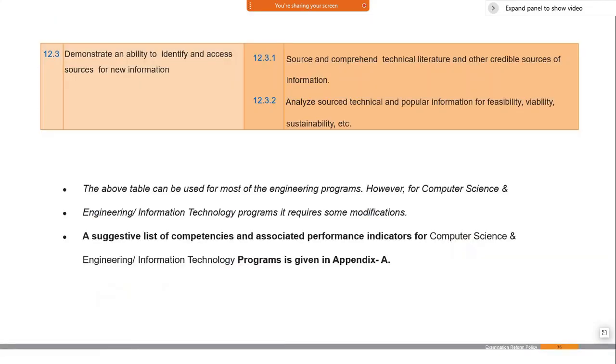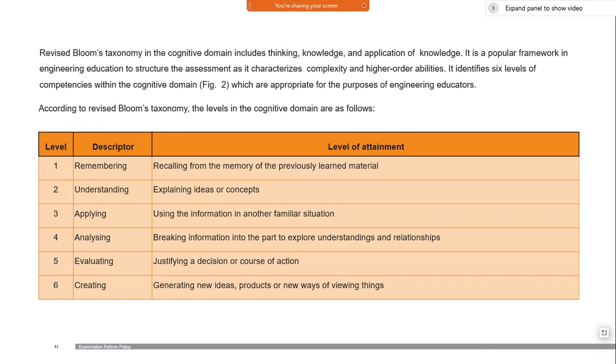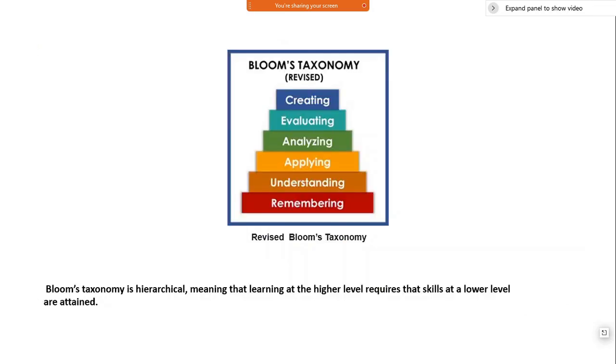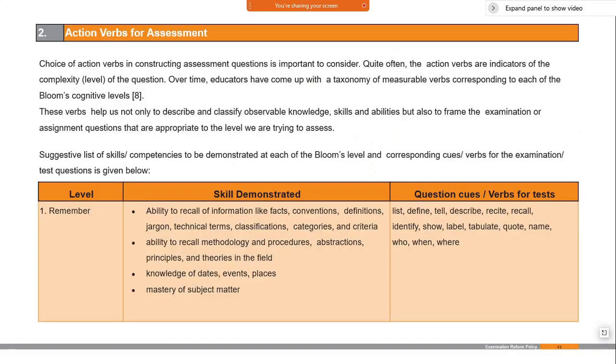So these are for all 12 POs and their performance indicators. And these are remembering, understanding, which is Bloom's taxonomy level. Then these are the typical questions you can define to check whether that particular skill has been demonstrated or not. If I say remembering level, the ability to recall, the typical questions will be list, define, tell, describe.